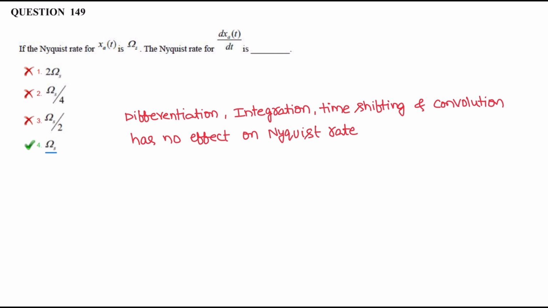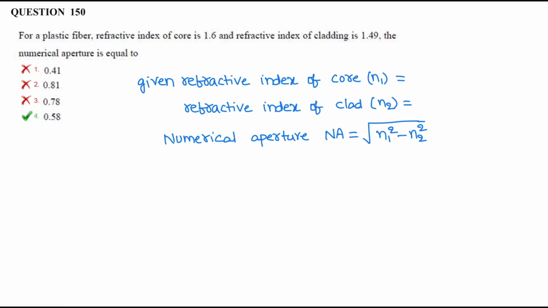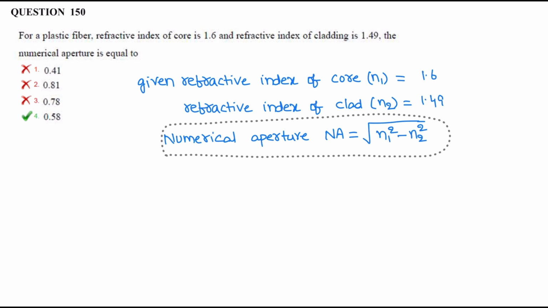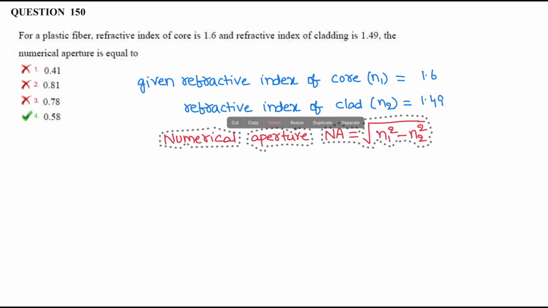Question number 150. Last question. For a plastic fiber, refractive index of core is 1.6 and refractive index of cladding is 1.49. Calculate the numerical aperture. Numerical aperture is under root of n1 square minus n2 square.